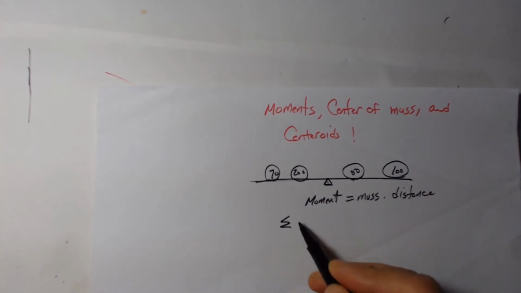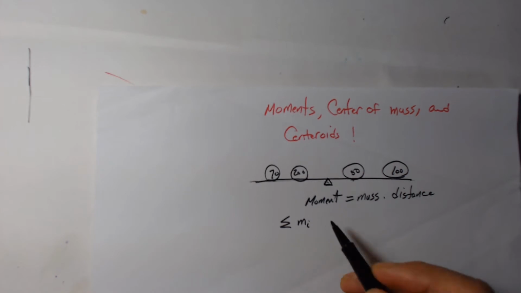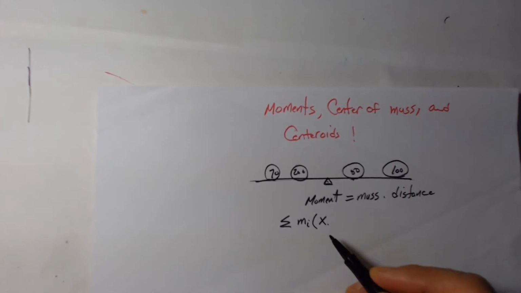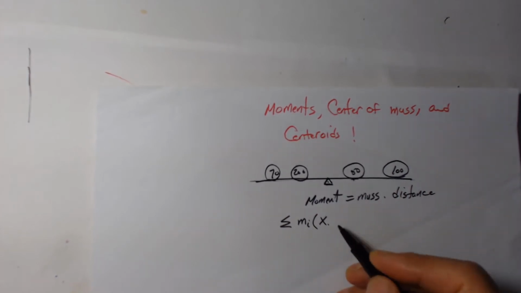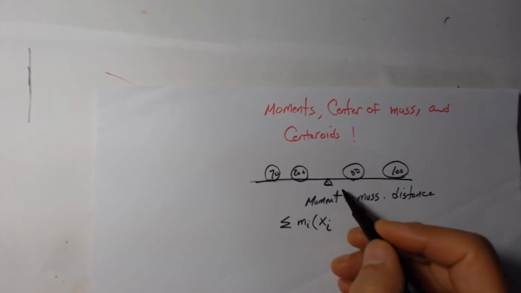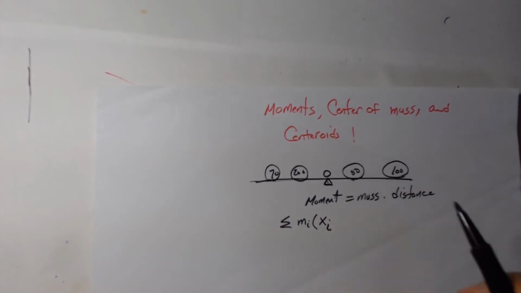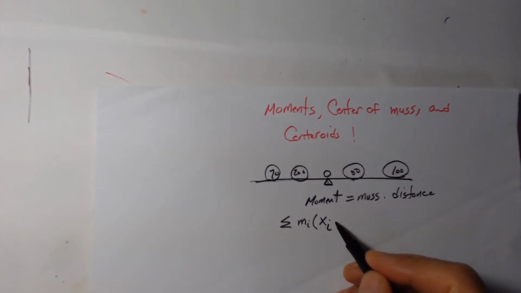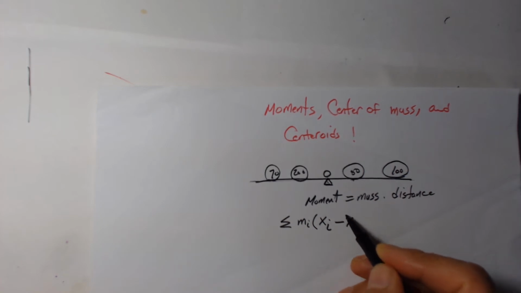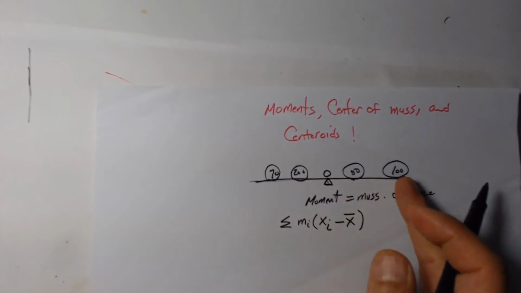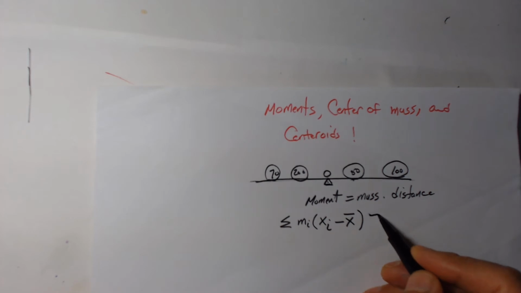Therefore, what I'm going to do is take the sum of the masses times the distance from the center of the mass, from the zero, where that is the number line, minus the x bar. X bar is where we're going to put the fulcrum, and we're going to make this equal to 0.